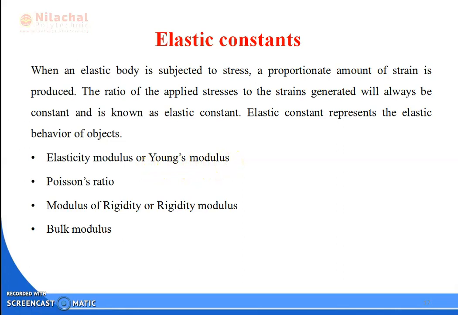In the previous class, when we discussed axial deformation, you learned about the elastic modulus or Young's modulus, which is denoted as capital E. Here we will discuss these in detail. The next one is Poisson's ratio. The third one is the modulus of rigidity, also known as rigidity modulus. And the last one is the bulk modulus.